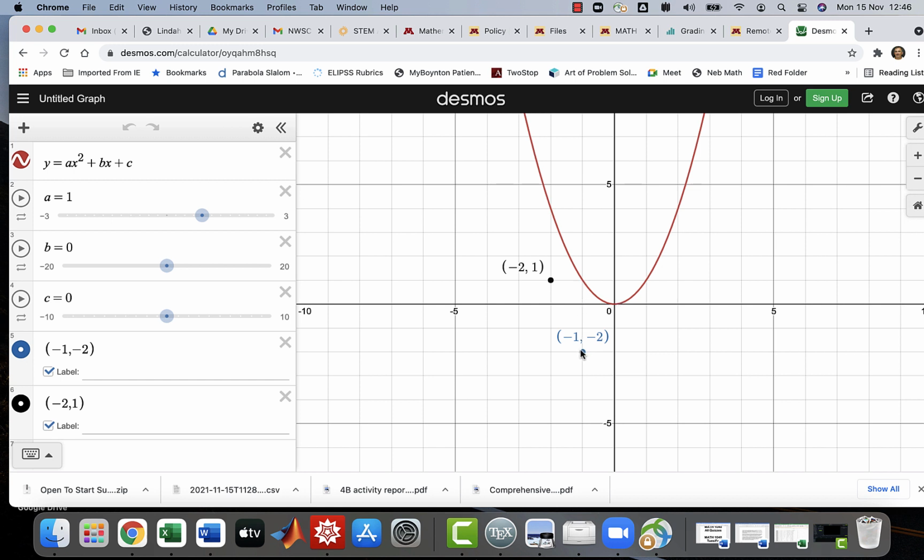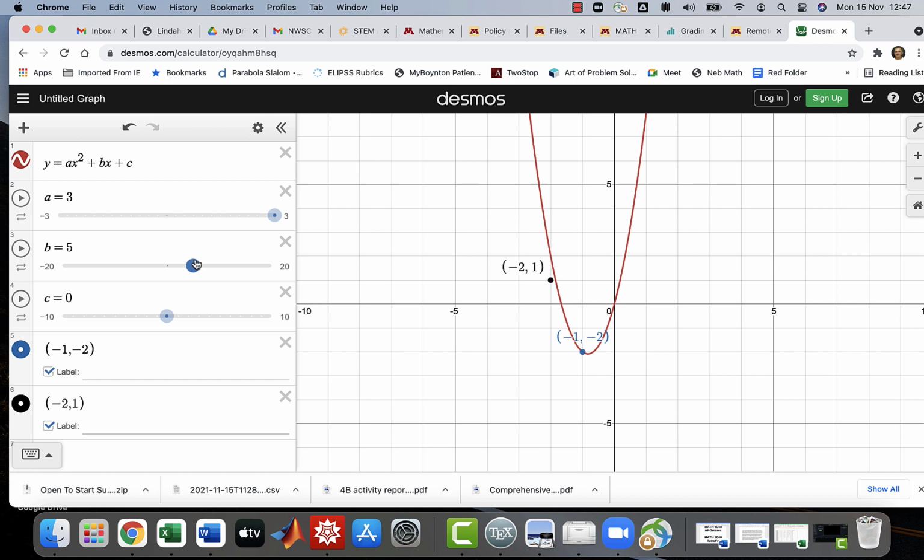But this is going left 1 up 3. And so I know already that my A value has to be 3. That's a correctly stretched parabola. And now I need to figure out the B and the C. And like I said before, the C we can fix at the end, so it's better to start with the B and figure out what the B is doing.